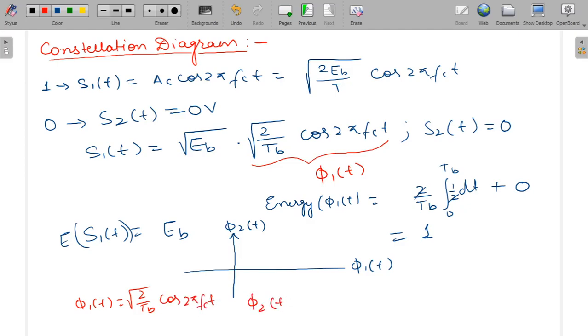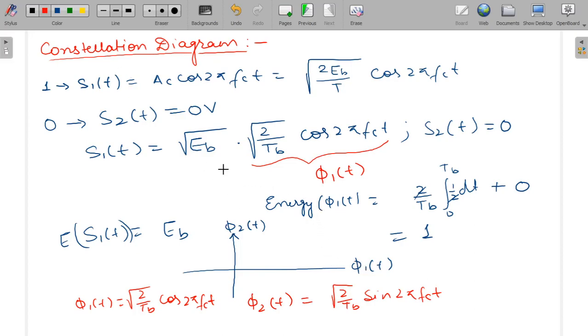Phi 2(t) is root 2 by Tb sine 2 pi fc t. This is the orthonormal basis function. I will explain what this is, and I will derive the proof using the Gram-Schmidt theory in the next class. But today you just do the constellation diagram.